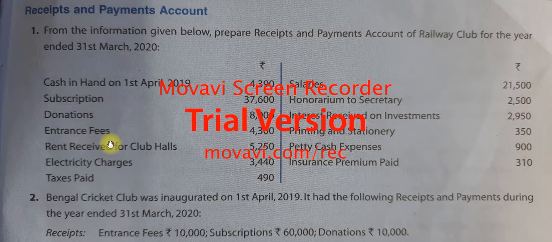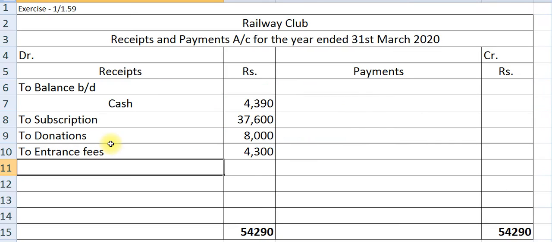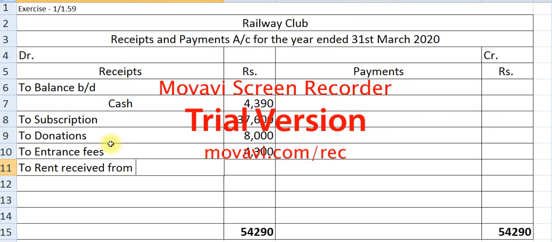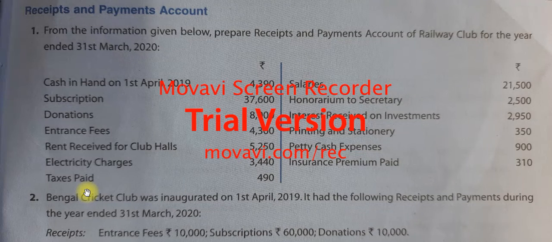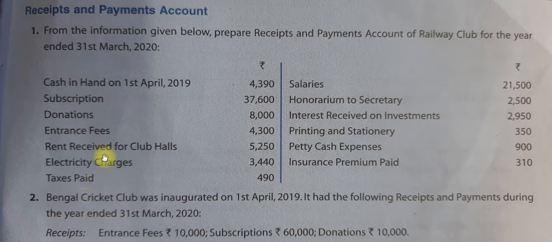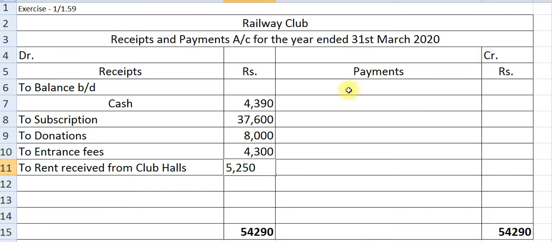Next, rent received. So this is a receipt. So rent received from club halls, 5,250. Next, electricity charges. See, this is a payment, cash outflow.